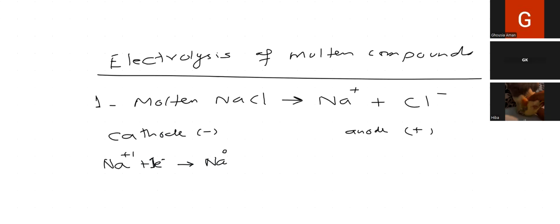After some time, we will see a grayish layer of sodium metal form over the cathode. We will just scratch it and preserve it as pure sodium metal. Now you can see at the cathode, gain of electrons is taking place. Always remember, reduction is the gain of electrons. So at the cathode, reduction of cations is always taking place.